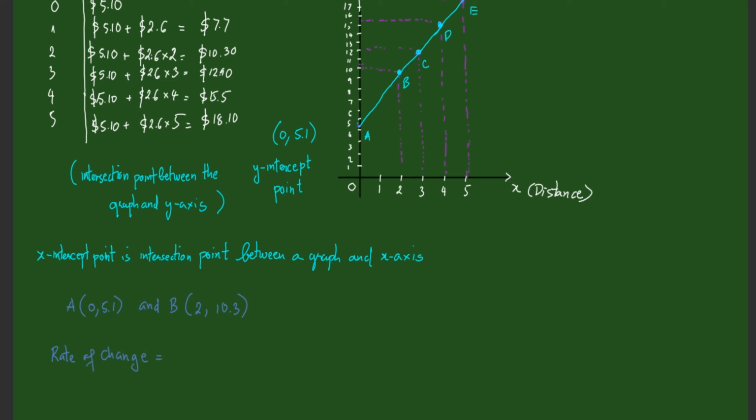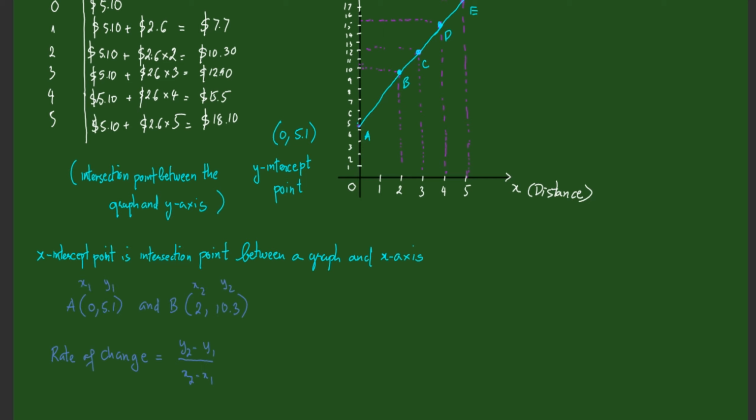Remember the rate of change, we already know it's y2 minus y1 over x2 minus x1, right? The problem is that you don't know which one is y2 and which one is y1, so we need to label them. If this is the first point and this is the second point, then this will be y2 and y1, and this x2 and x1.